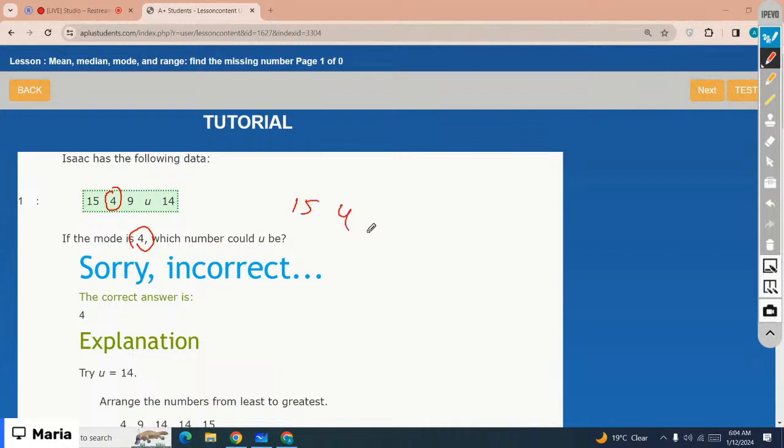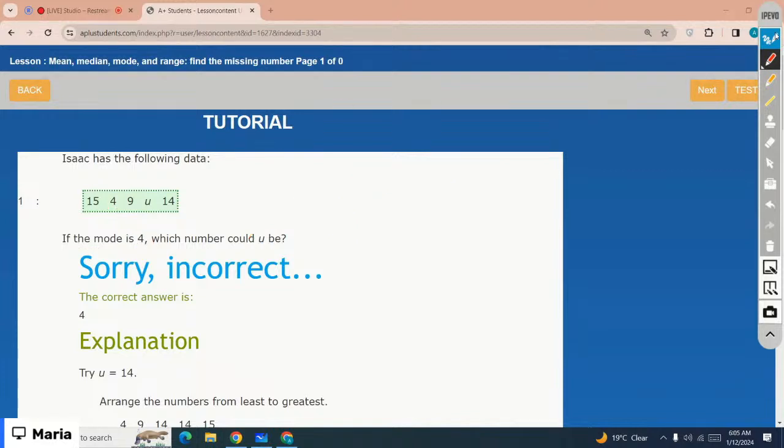That means U must be 4. Now you can see 4 is 2 times in the data, so the mode is 4, because in the question you are given the mode is 4. That means the mode has to appear most of the time in the given data. So U could be 4. Got it? So U could be 4.